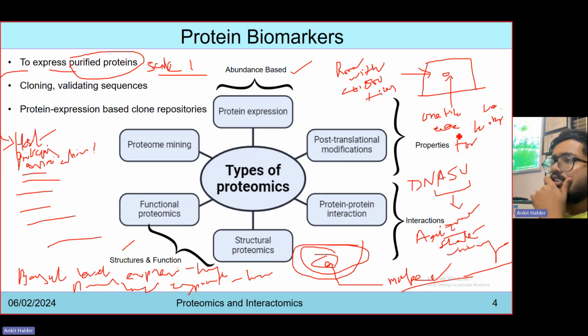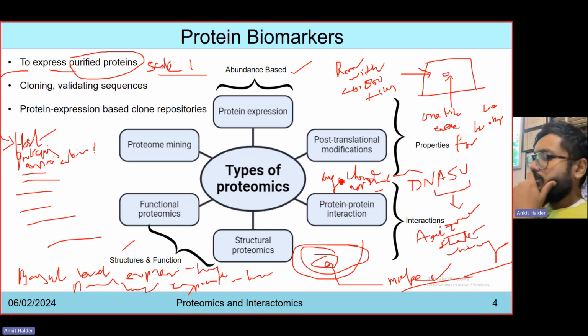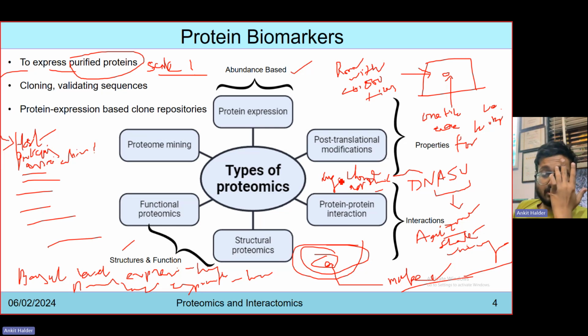I'll just show you. The DNASU has huge clone repositories, which will help you get those particular proteins expressed with just a line in the expression vector, I guess.